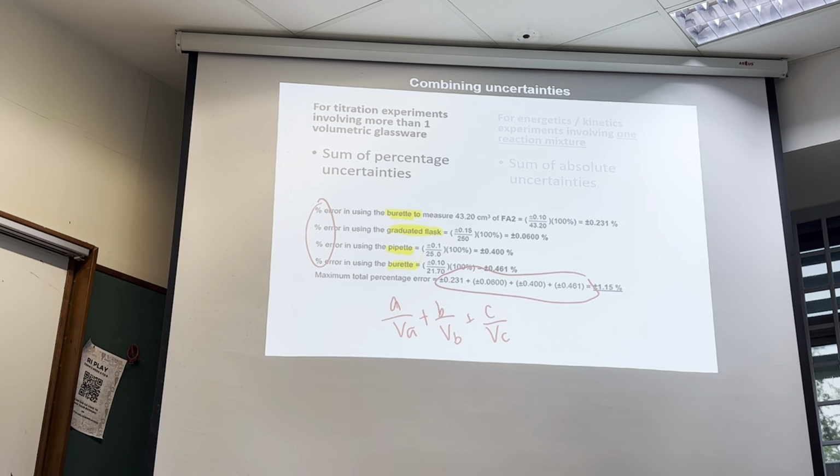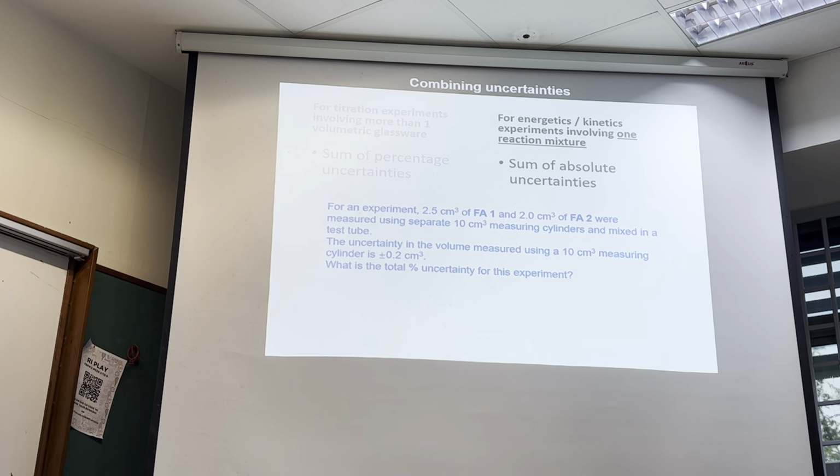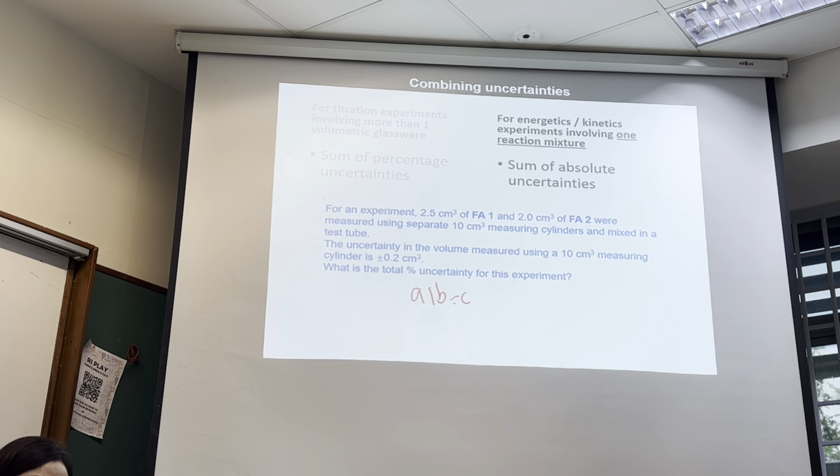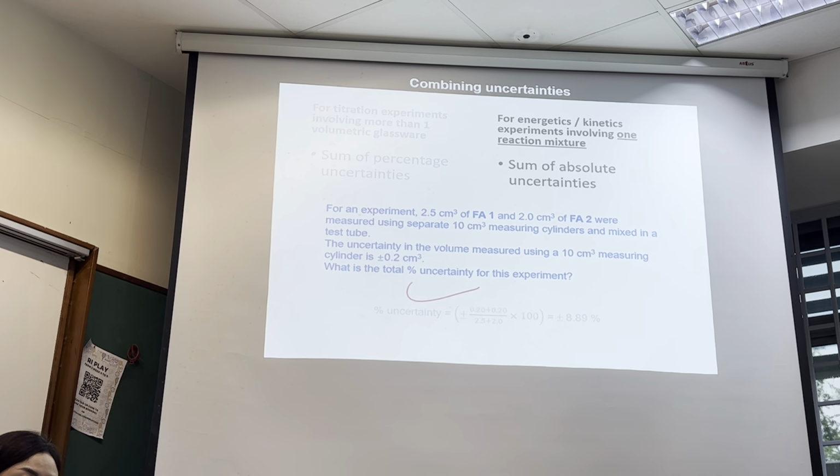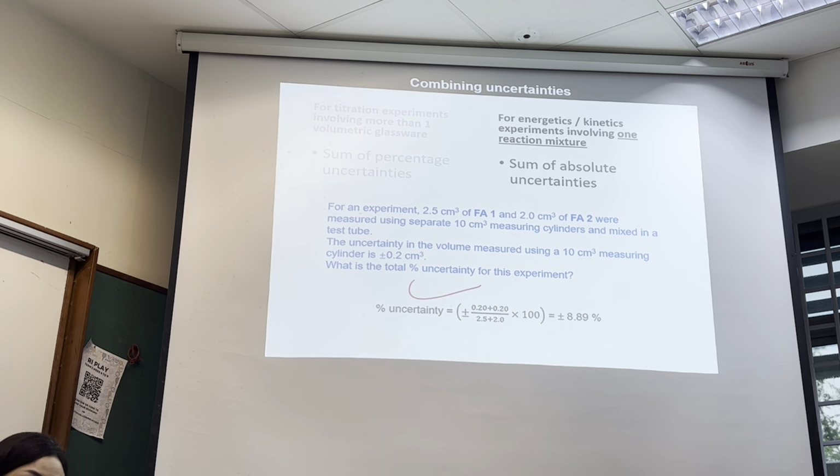Can I continue? Okay, this one you have a good idea of, right? Commonly we see this kind of calculation in titrations. Now, this is the other one where you sum them before putting over the total volume: A plus B plus C over VA plus VB plus VC.